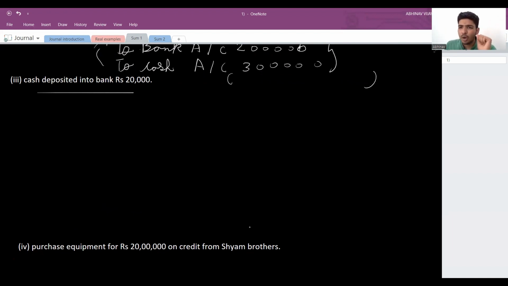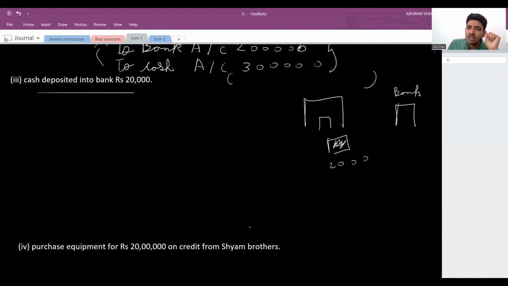If cash is deposited into bank, this essentially means we have an office and this is the bank. We have cash of this much money, 20,000 in this case. We take the cash and we go to the bank and put it inside our bank account. The bank's cashier does it. That is the meaning of this entry.